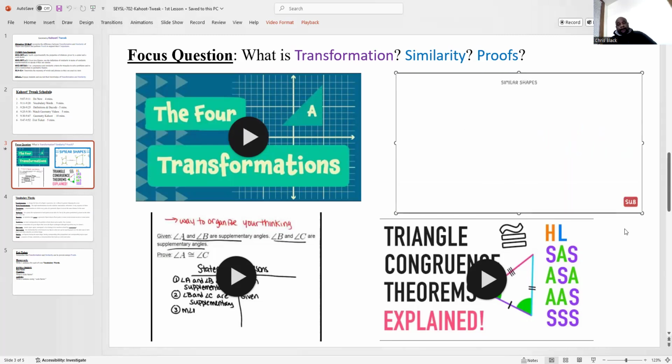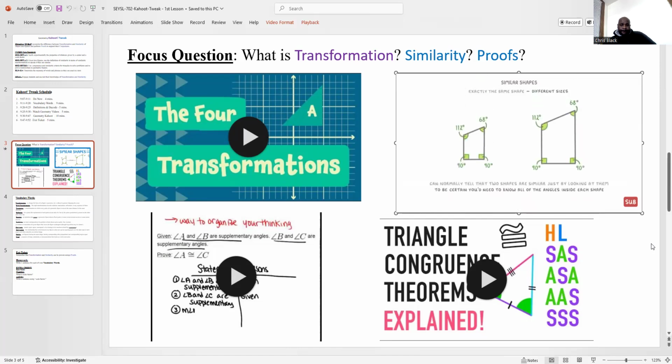This video, we're looking at similar shapes, which are shapes like these two, that have exactly the same shape, but are just different sizes. You can normally tell that two shapes are similar just by looking at them and seeing if they're the same shape. But to be certain, you'll need to know all of the angles inside of each shape. For example, if we fill in all of these angles, you can see that both shapes have exactly the same angles. And this tells us for certain that these two shapes are similar.